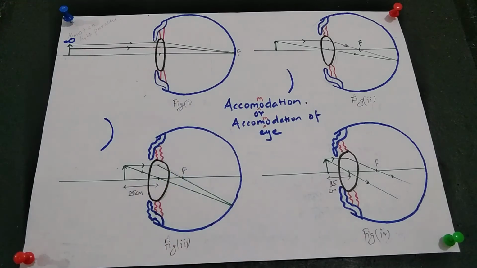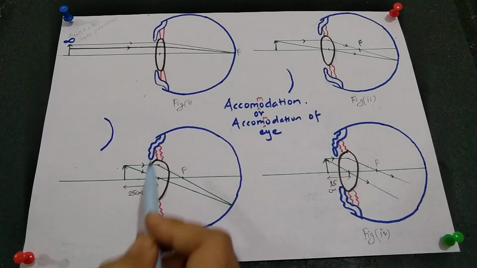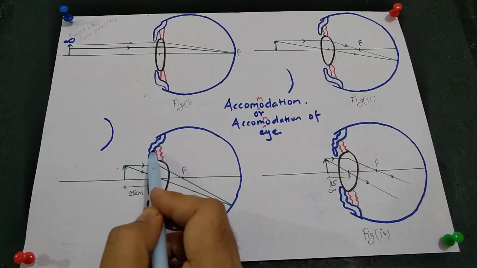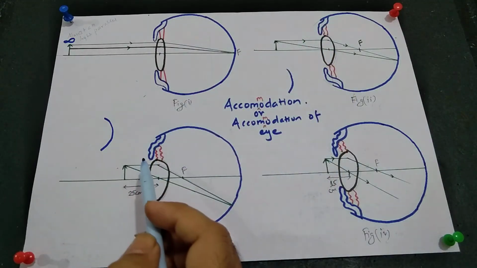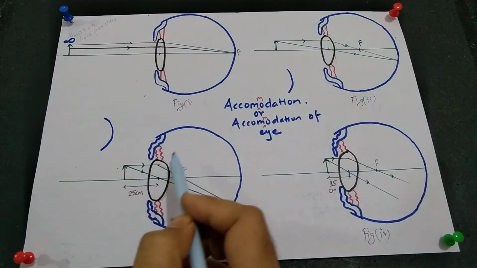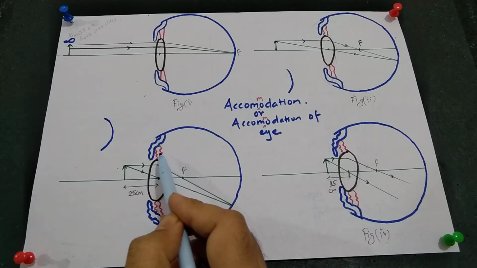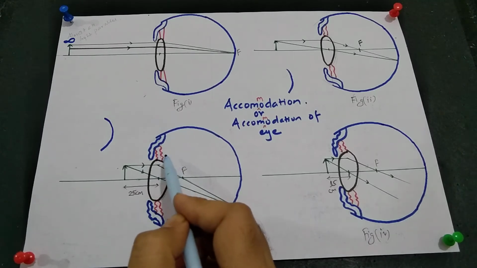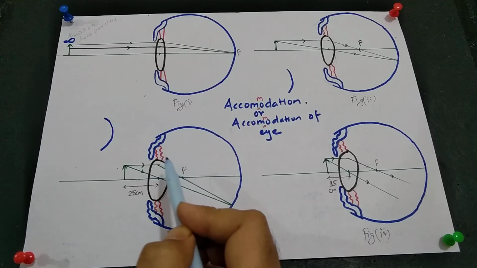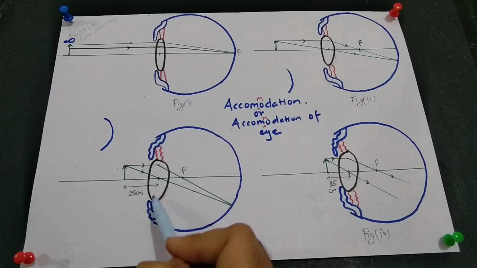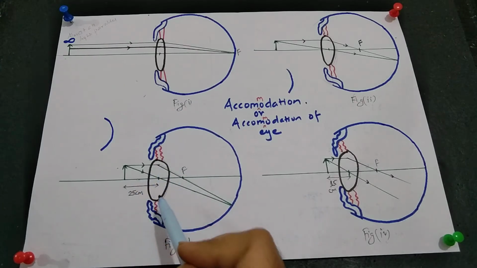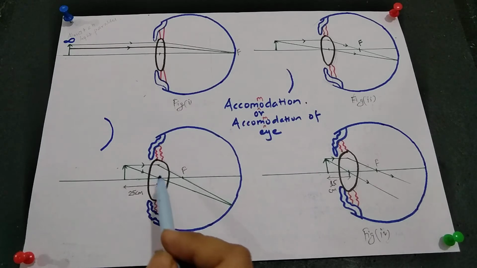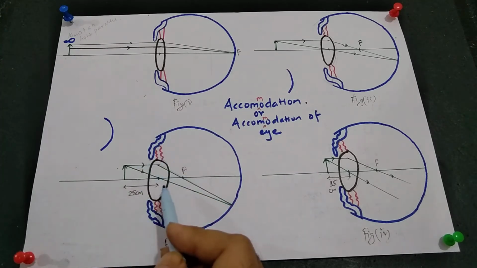Well friends, let's not forget, as the object approaches nearer, the ciliary muscle shrinks more than this, and the tension on this red thread is also negligible, due to which lens curvature increases, I mean to say thickness increases and the focal length decreases.